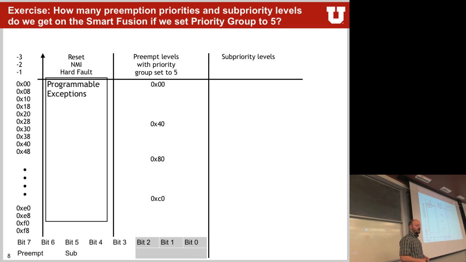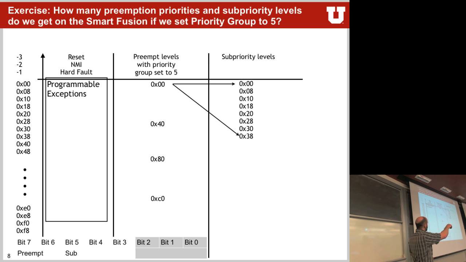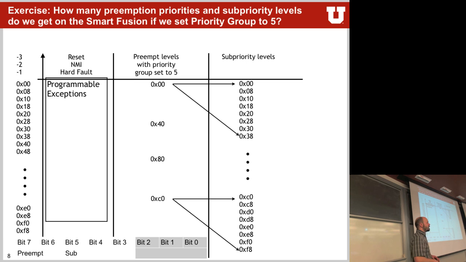Next, we defined the top 2 bits as the priority group, and then the next 3 bits as the sub-priority. So we get a total of 4 different priority groups, and the remaining 3 bits define which sub-priorities belong to the same group. And we can continue on. For the last one, 0xC0, that would be the different sub-priorities.